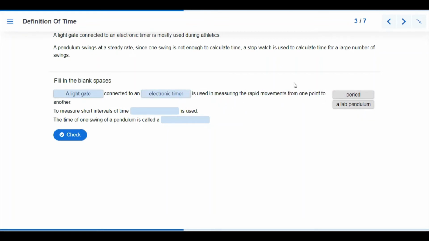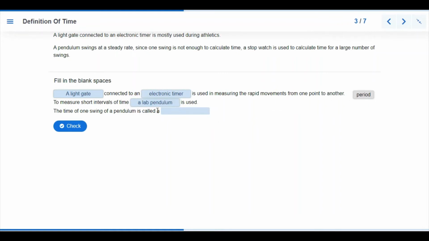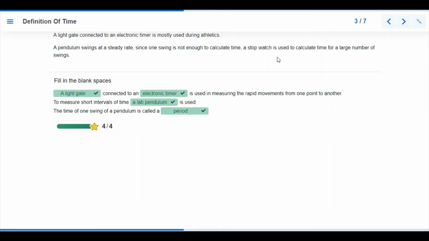It is used in measuring the rapid movements from one point to another. To measure short intervals of time, a lab pendulum is used. The time of one swing of a pendulum is called a period. Let's check. Good.